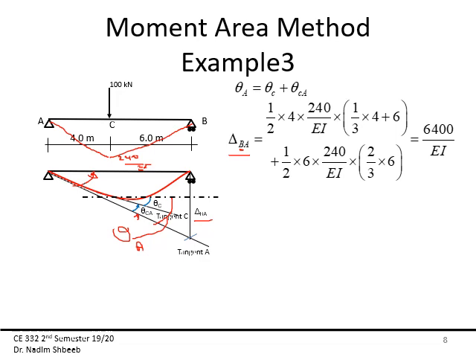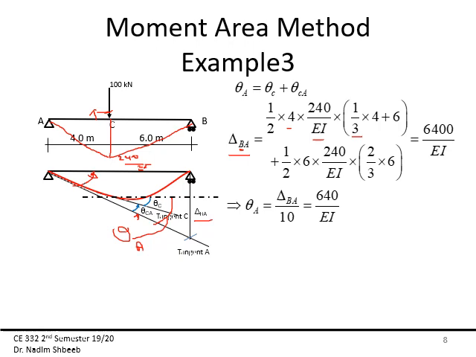So this would be equal to 1/2 times 4 times 240 over EI times 1/3, which is now this distance right here, times 4 plus 6, plus the other triangle, which is going to be 1/2 times 6 times 240 over EI times 2/3 of 6, and this is going to be equal to 6,400 over EI.